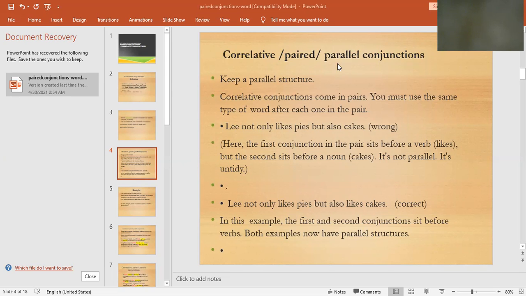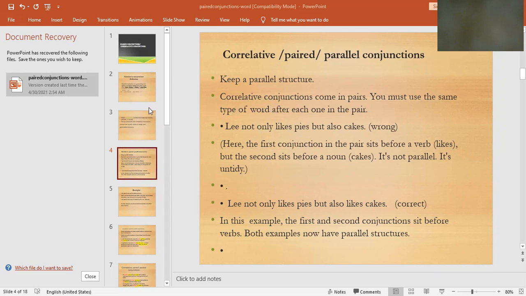Paired means two words or two things go together, a pair of. So correlative conjunctions are a type of conjunctions which consist of two parts that join words or phrases or clauses. Okay, we'll explain now.